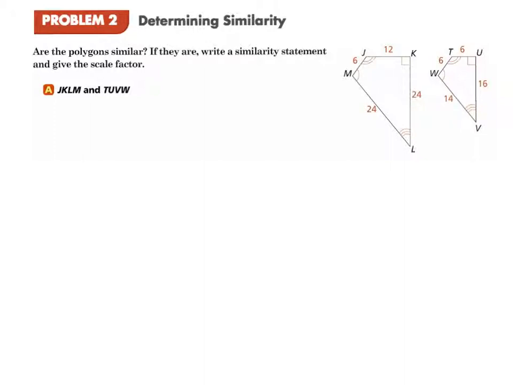The next thing we need to look at is determining if the sides are corresponding. So we're going to look at the ratios. First let's look at side JK and TU. JK is 12 and TU is 6. Let's simplify that, and that becomes 2 to 1.